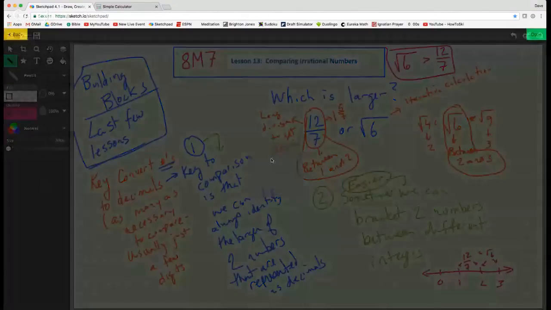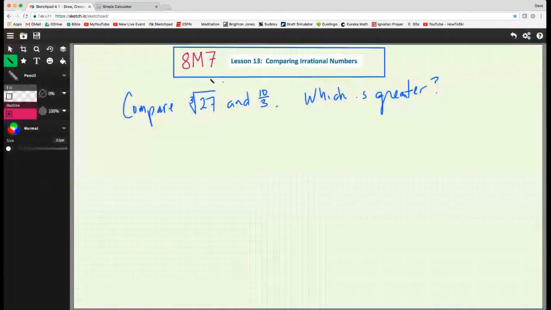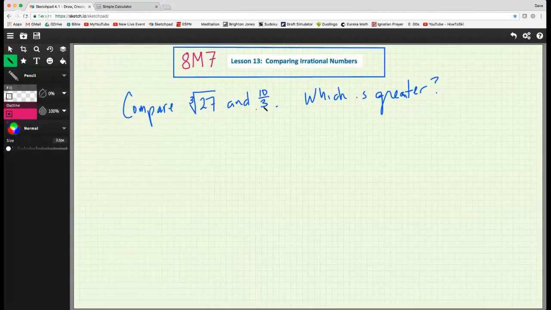All right, let's go to example number 2. Now we need to compare the cube root of 27 and 10/3. Which is greater? Well, we can do the hard thing or we can do the easy thing. We know that the cube root of 27 is 3, right? Because 3 times 3 times 3 equals 27.